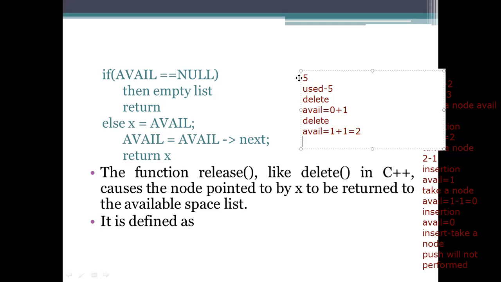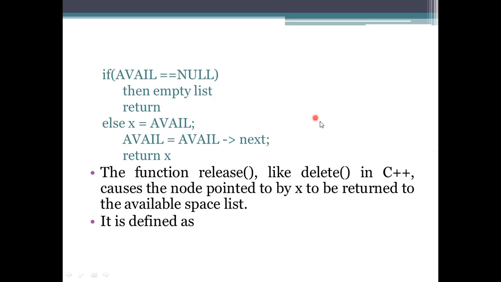At this position you are allowed to insert the data, and you can access your list to process it. So that's about the available list. By that we get the available spaces to be processed, and we need to know whether the list has available spaces or not for further processing.